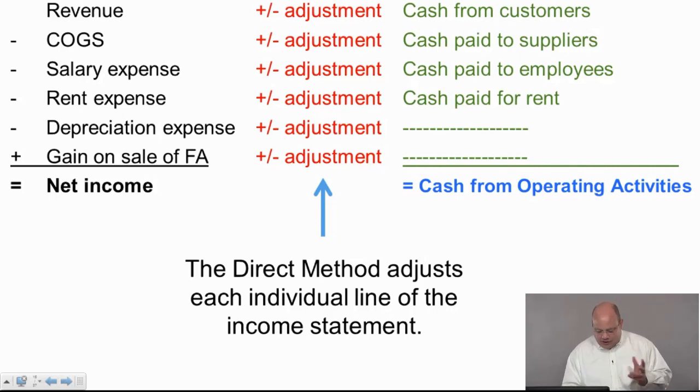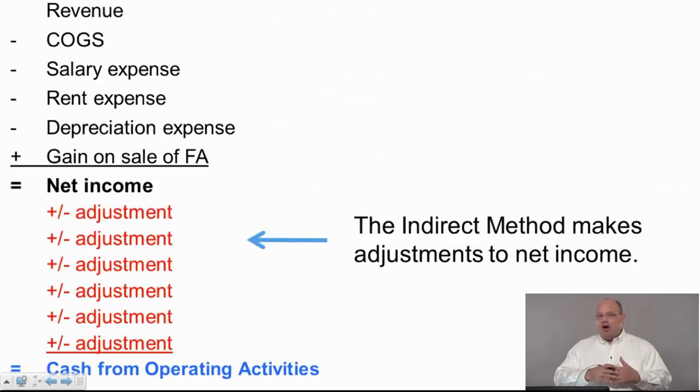Now, under the indirect method, we make all of those exact same adjustments, but instead of adjusting each individual line, all of those adjustments are made to net income. Okay? And when we take net income and make all of those adjustments, we get cash from operating activities. It's the same balance, the same cash from operating activities as it was under the direct method.